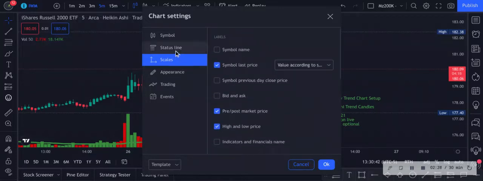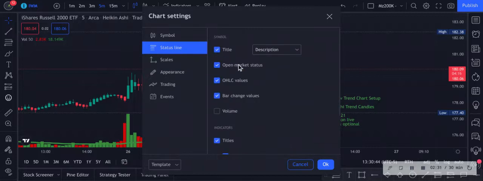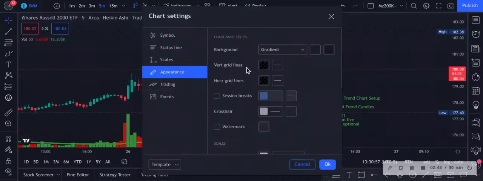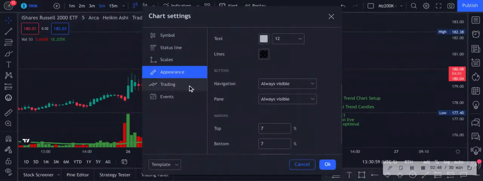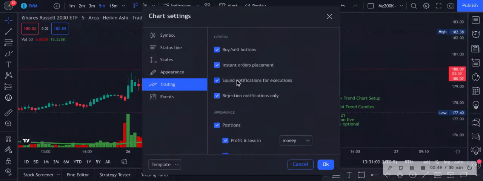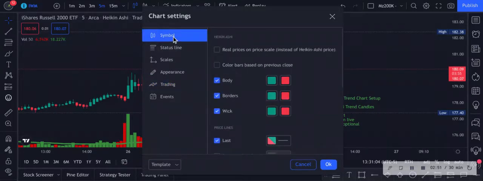But what I'm looking for now is to get this red line off my chart. I take the open, high, and close values off. You're more than welcome to leave them on. The open market status. I don't like a lot of lines on my chart. And I can't find that red line where it came from.